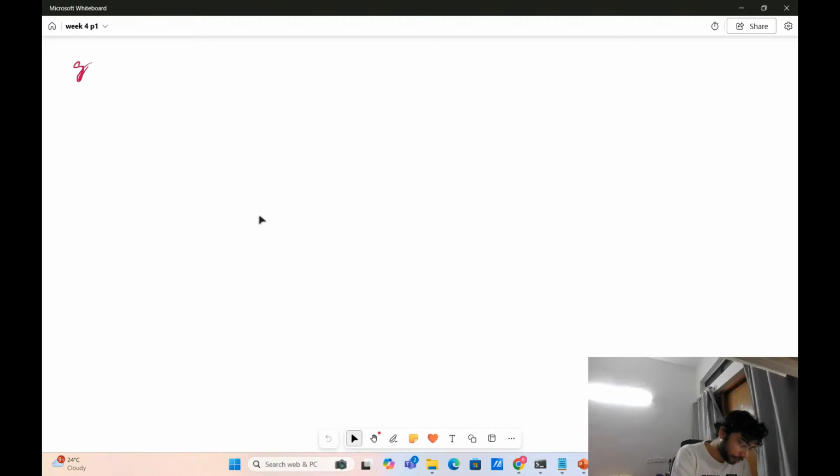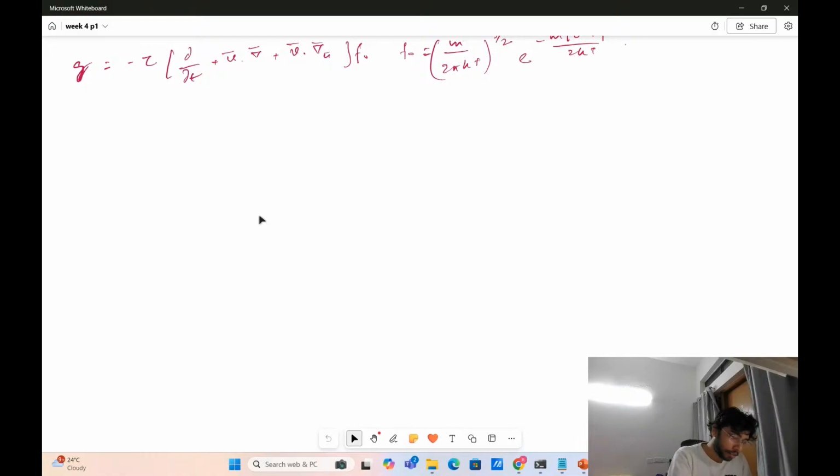G is given like minus tau times del del t plus u dot del plus e dot del u, of f naught, where f naught is the Maxwell distribution, which is given by m by 2 pi kT to the power of 3 by 2, e to the power of minus m (v minus u) whole square by 2kT.